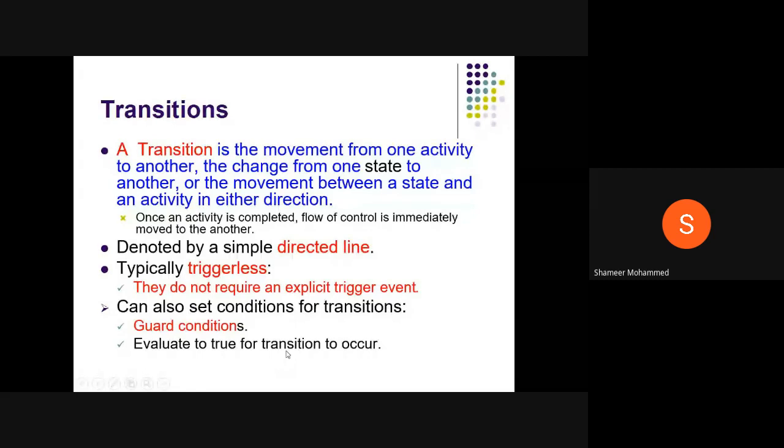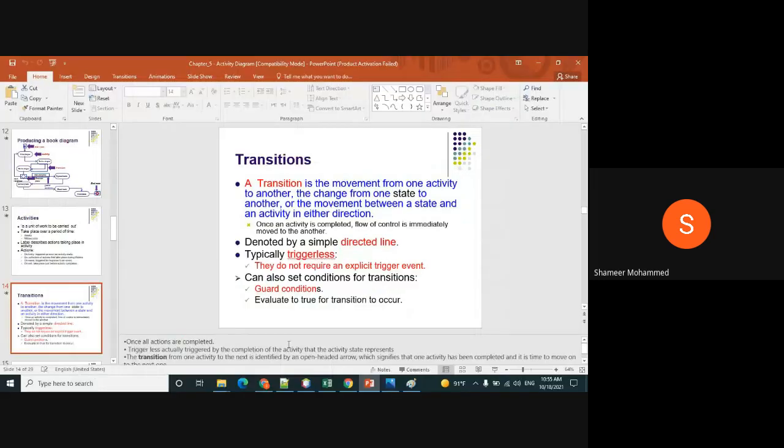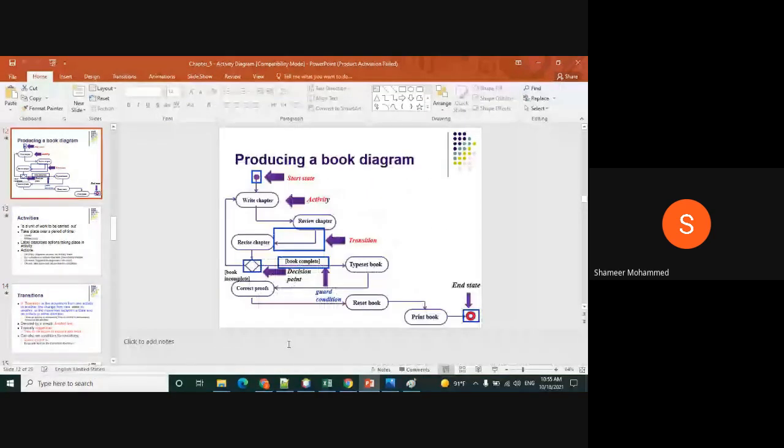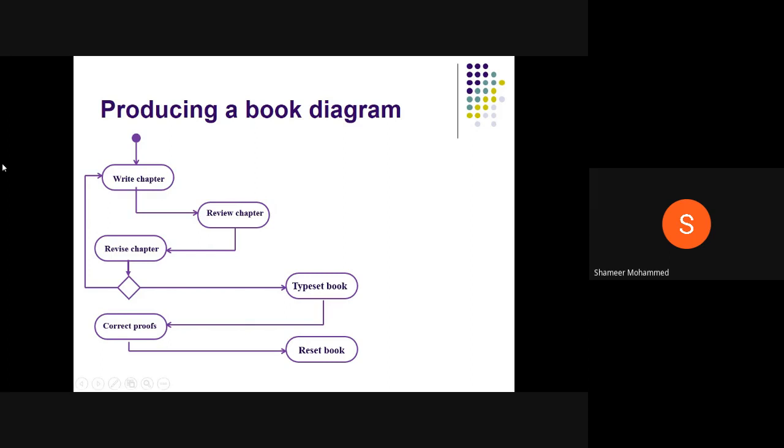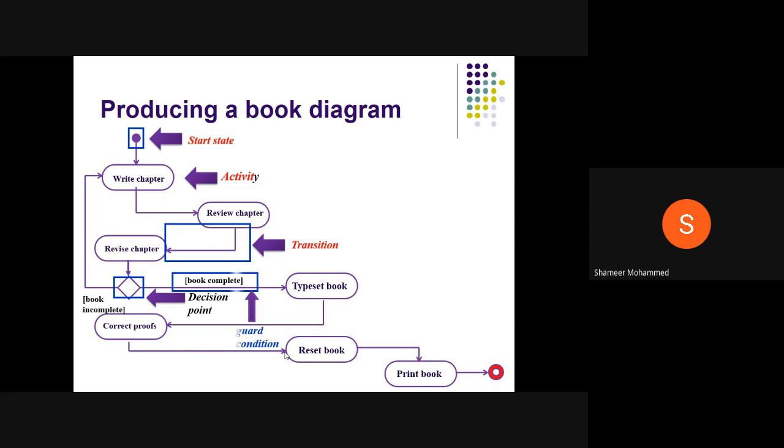Then only you can move to the next state. Here you can see: correct the mistakes here. If you correct the mistakes, then only I can move to the next state called reset the book. This is the guard condition. If this is true, then you move. That is the guarding condition.